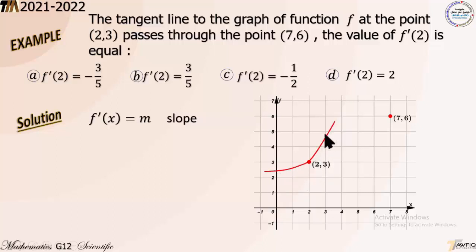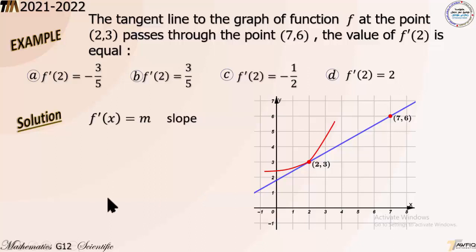And now we are drawing a tangent line passing through these 2 points, this way. And now we want f prime of 2. That means we want the slope of the graph at the point 2, 3.